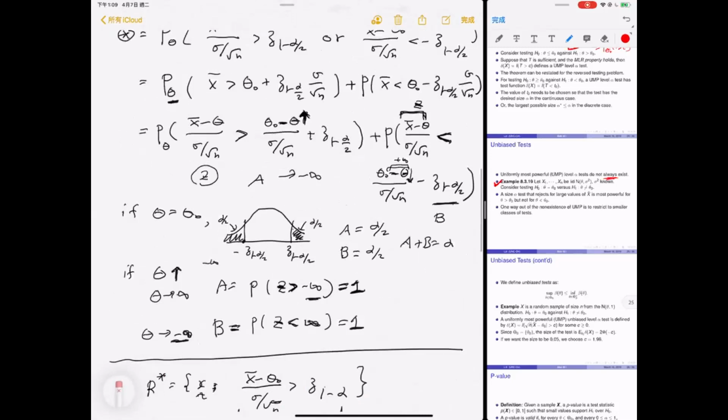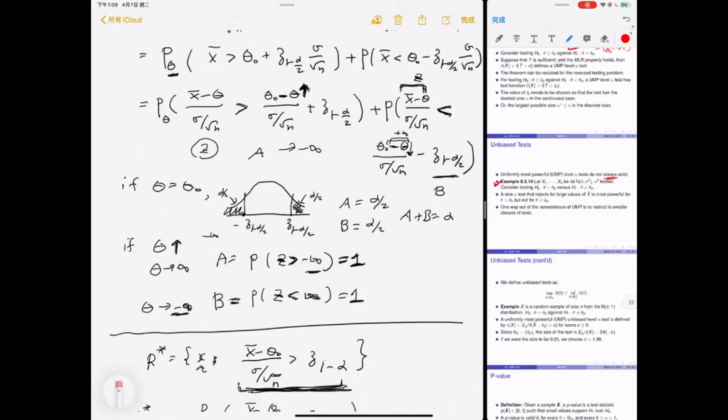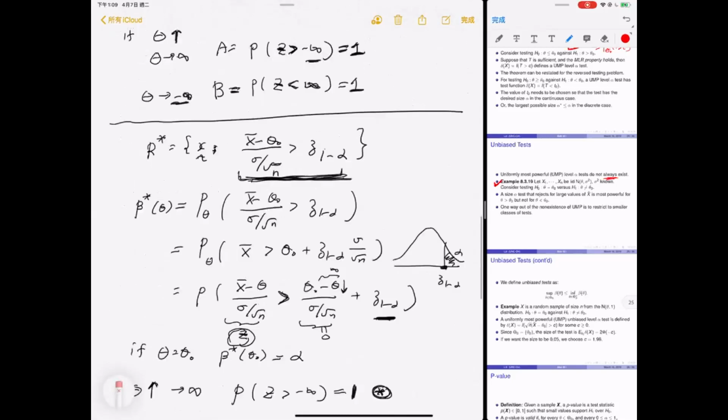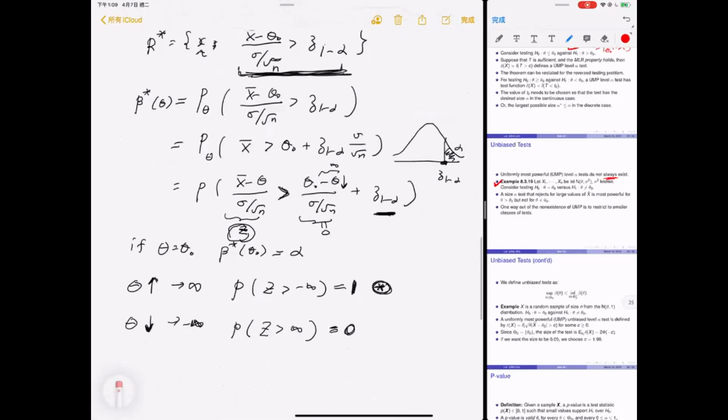So the truth, this is a power curve. Let me write it here, maybe it's easier to do the comparison.